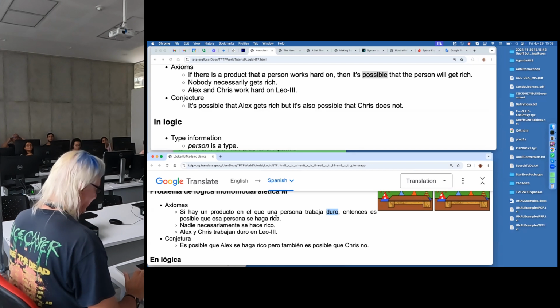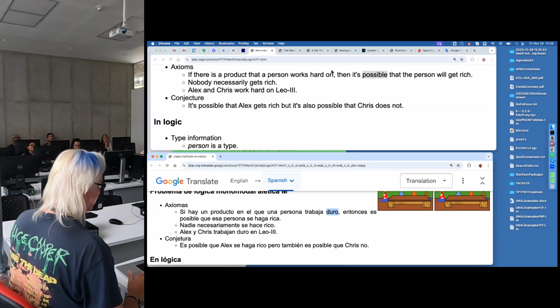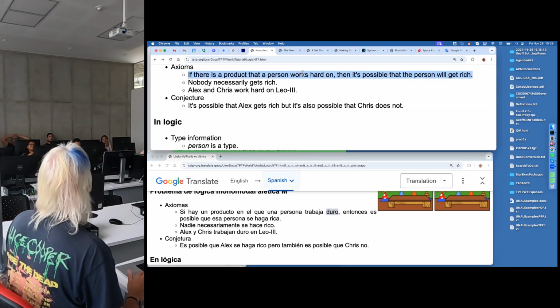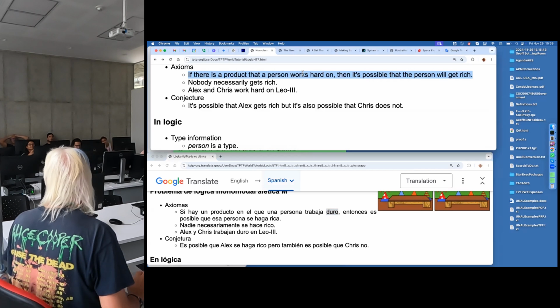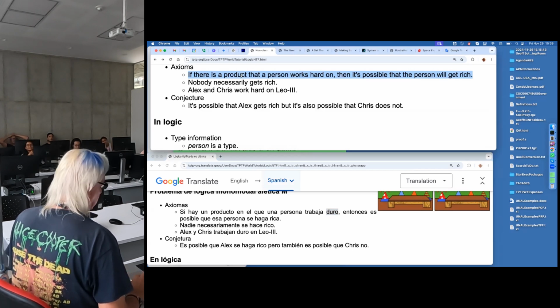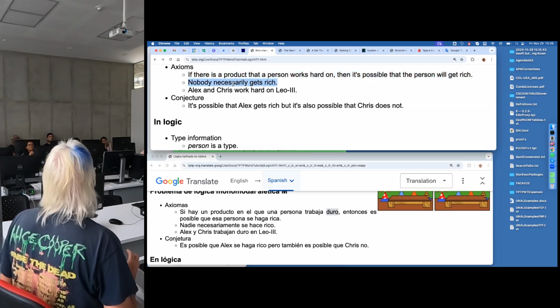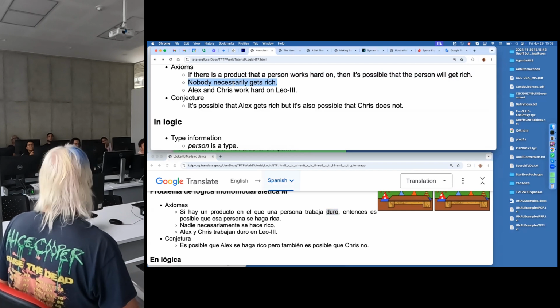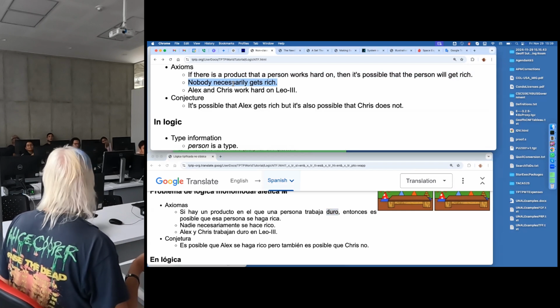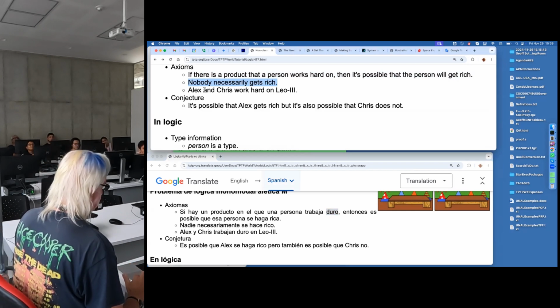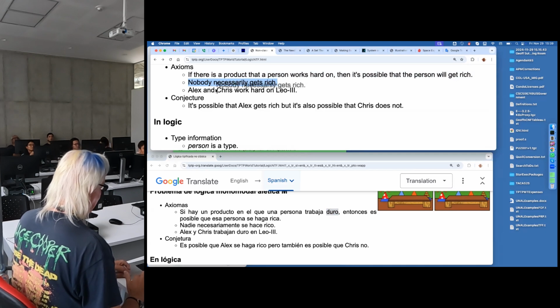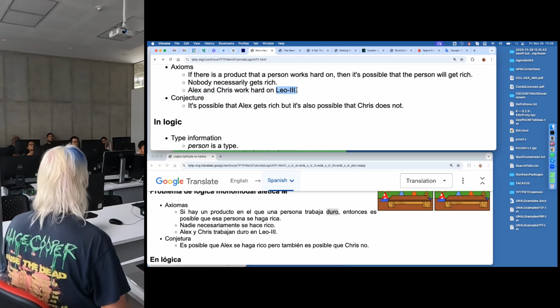Yeah. All right. So this is one axiom. If you work hard, it's possible that you will get rich. All right. But nobody necessarily gets rich. Sometimes you work hard and nothing happens. So my two friends, Alex and Chris, they work very hard on their theorem prover, their ATP system called Leo 3.